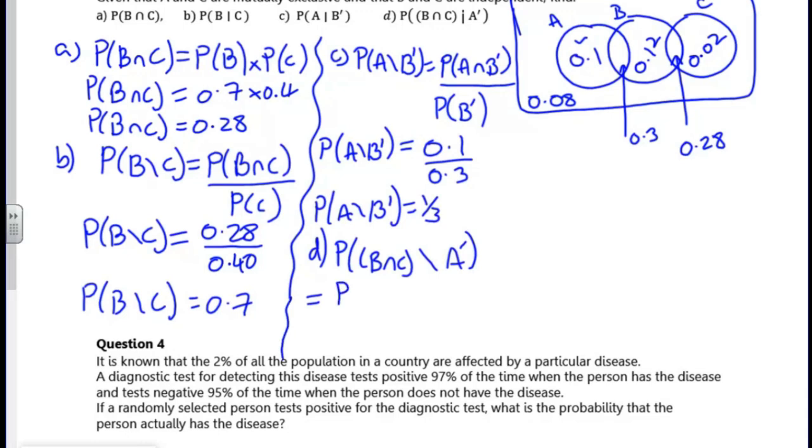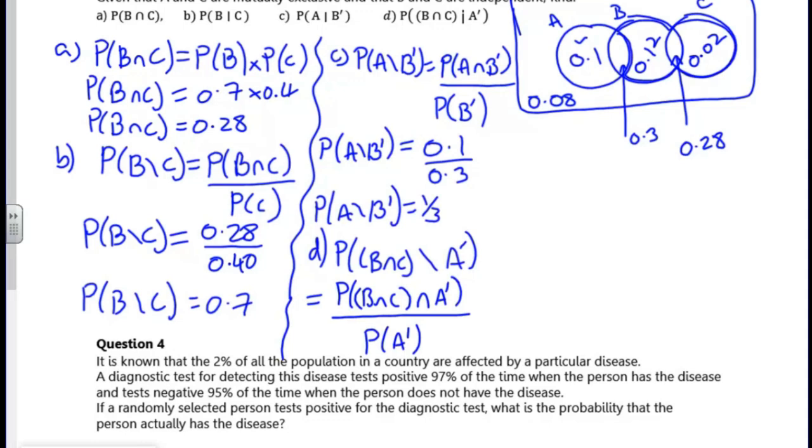So that'll be B and C and not A over not A. Oh, hang on.